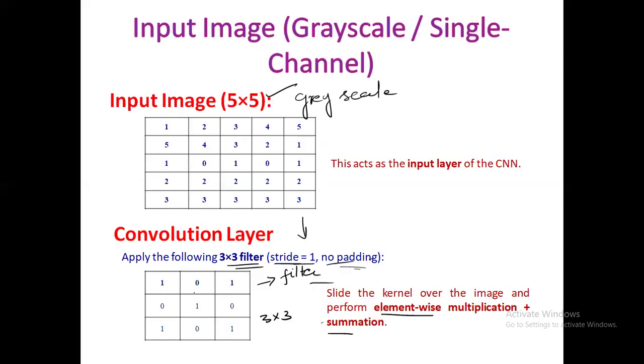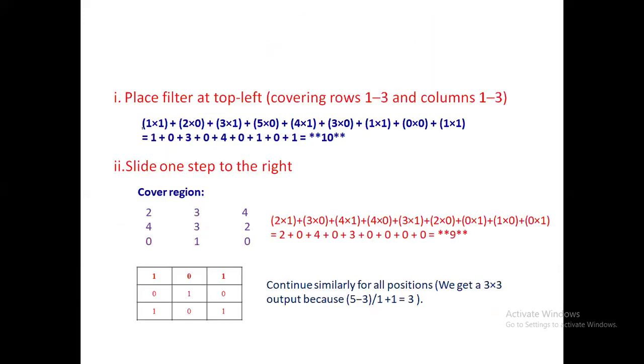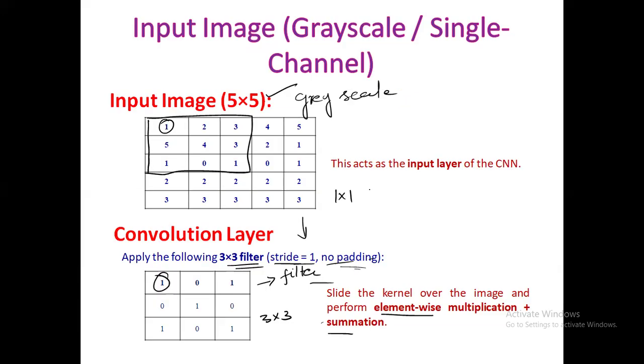I'll tell you how it happens. Here we have a 3 cross 3 kernel, and we take the first 3 cross 3 patch of the image and convolve it with this kernel. 1 cross 1, plus 2 cross 0, plus 3 cross 1, plus 0 cross 0, plus 5 cross 0, plus 4 cross 1.